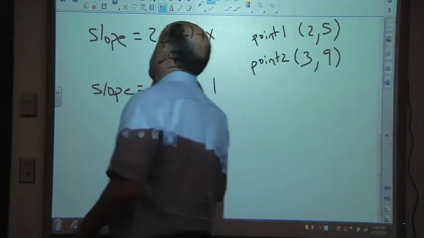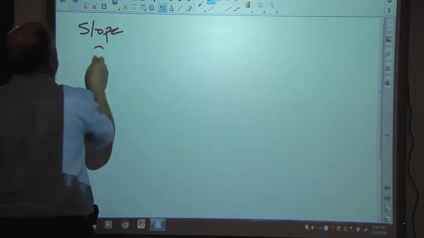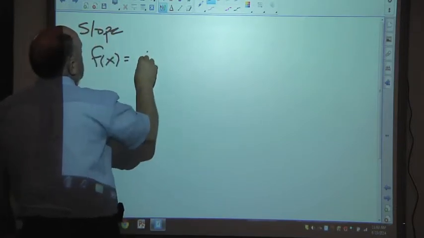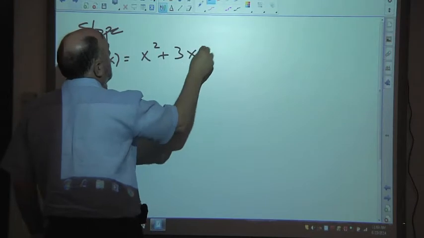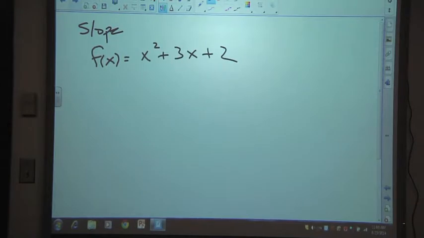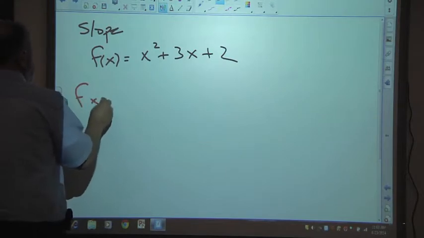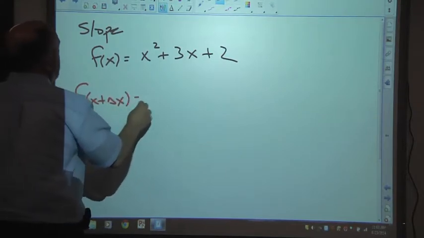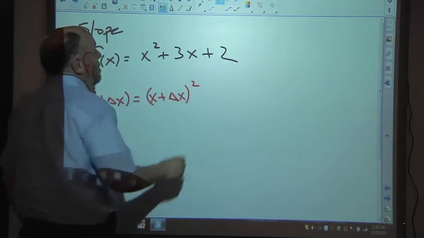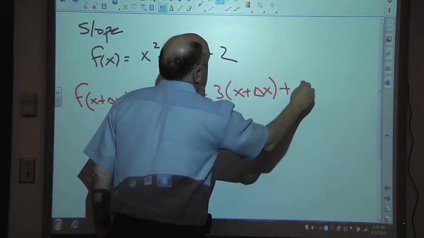So then, given something like this equation, what is the slope? Given that f of x is equal to x squared plus 3x plus 2. So that's the f of x. What we need to know is what is the value of f of x plus delta x. So f of x plus delta x is going to be x plus delta x squared plus 3 times x plus delta x plus 2.